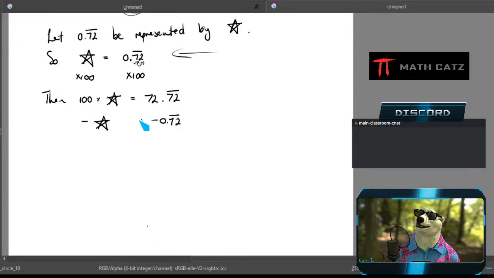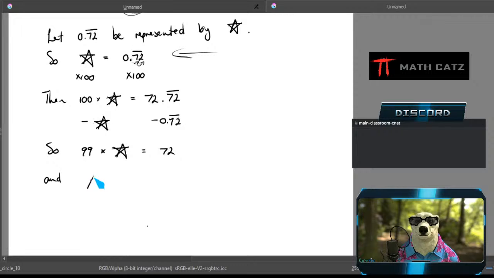It's my job to make sure I take away the same thing on either side, but I need to speak the language of that side. Now that side can say, oh, okay, we understand what to do, and we'll have 99 stars left. And of course, on the other side, we have 72 left. Multiplication sentence.